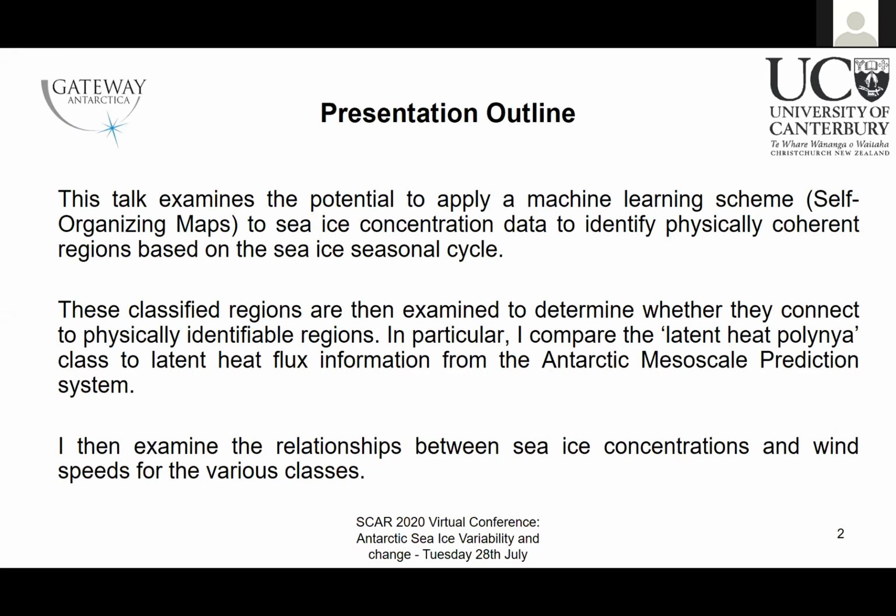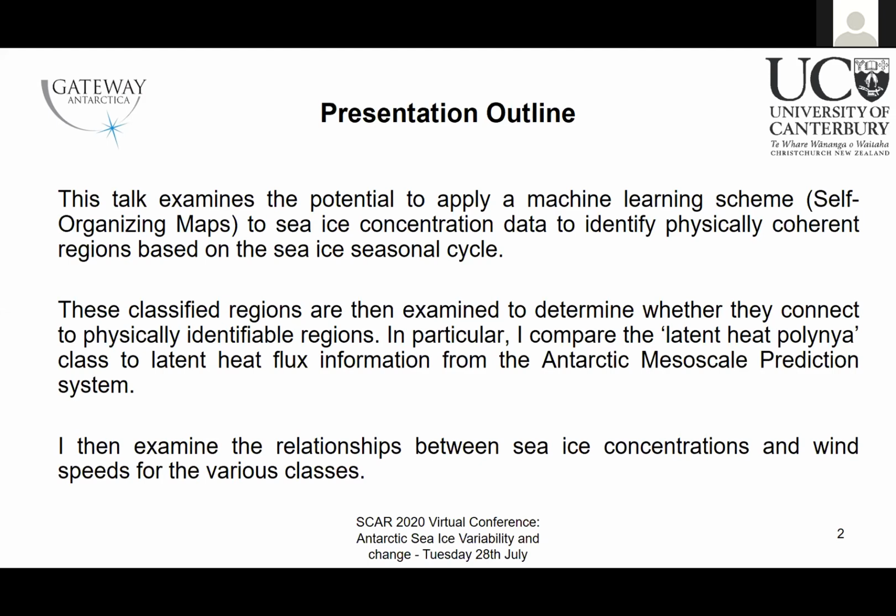So basically going back to a nice simple idea of what a latent heat polynya is, can I use the sea ice data to identify these regions around the whole of the Antarctic, though I'll focus my partial validation on the Ross Sea region.